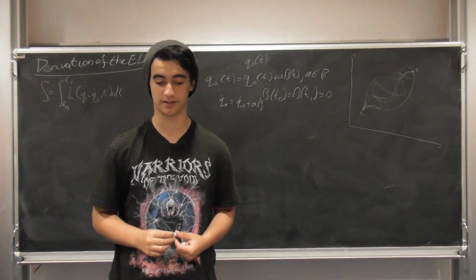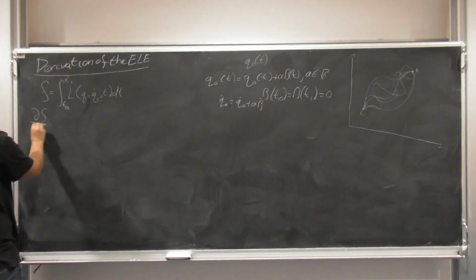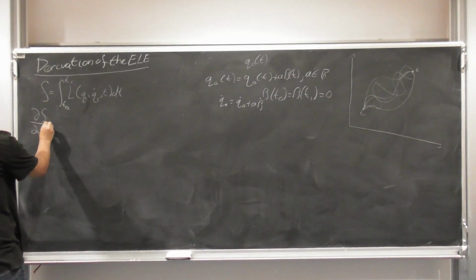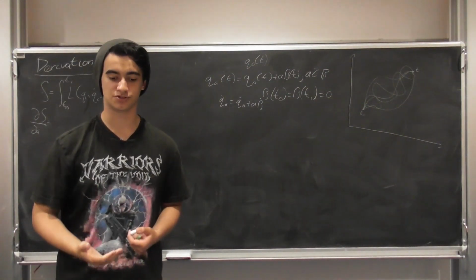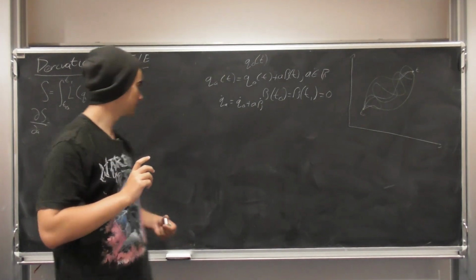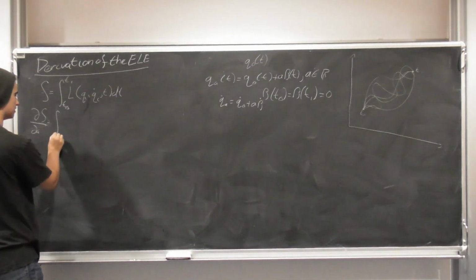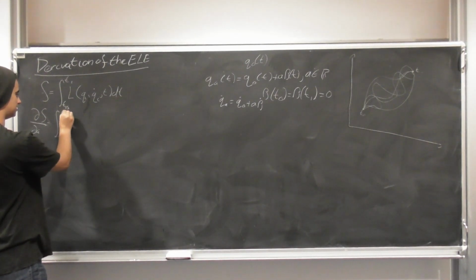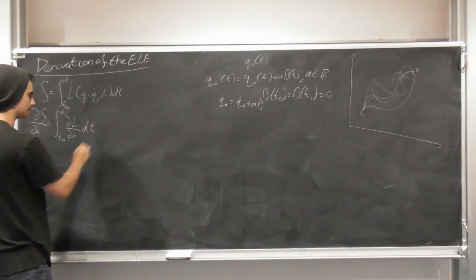So this means that we're going to need to take the derivative of the action with respect to a, which, using Leibniz's rule for integration, we can bring the derivative sign inside the integral. So we'll say this is the integral from t naught to t1 of dL/da dt.